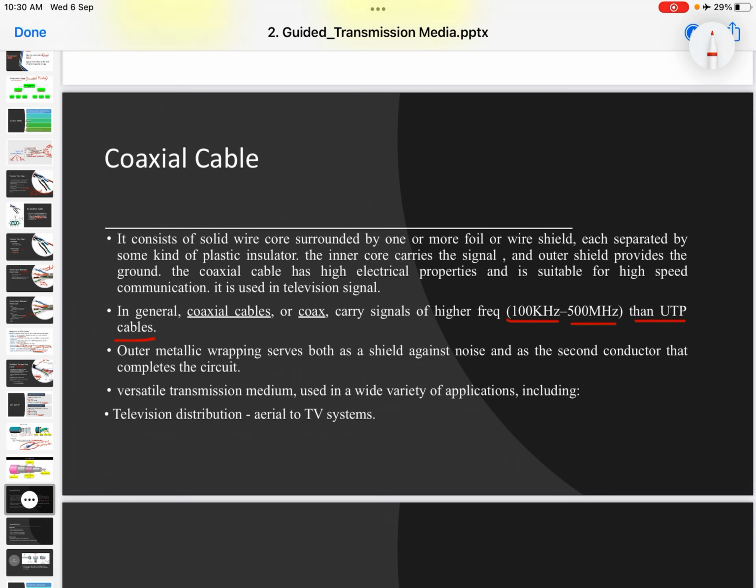So coaxial cables are a better version of the UTP cables because they carry high frequency signals. The outer metallic wrapping serves both as a shield against noise and as a second conductor that completes the circuit. It is a versatile transmission medium used in a wide variety of applications including telephone distribution and aerial to TV systems. So these are the applications of coaxial cables.